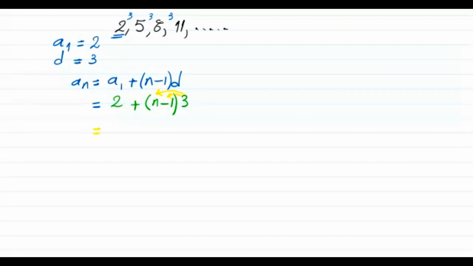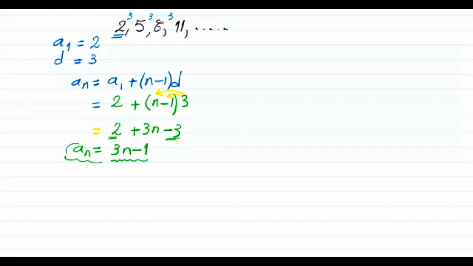It equals 2 plus 3n, and 3 times negative 1 is negative 3. 2 minus 3 equals minus 1. And we have 3n. This is the rule that represents the sequence: An equals 3n minus 1.